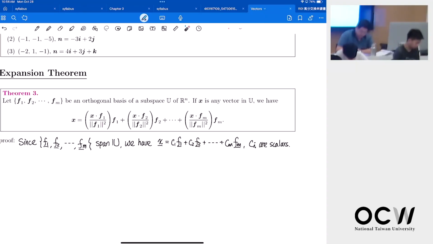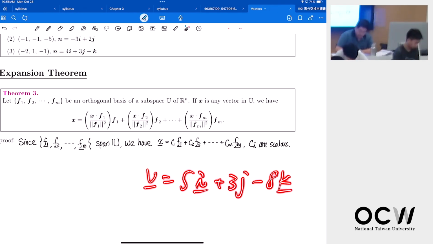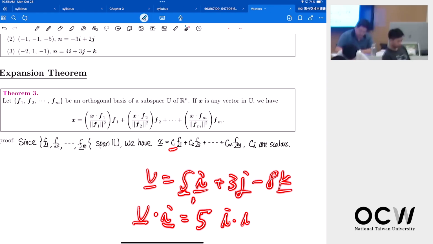Just think about that. v equals 5i plus 3j minus 8k. So how do I get C1? How do I get 5? To get 5, v dot product i. Because i dot product i is 1, and the others, because they are orthogonal, are all 0.